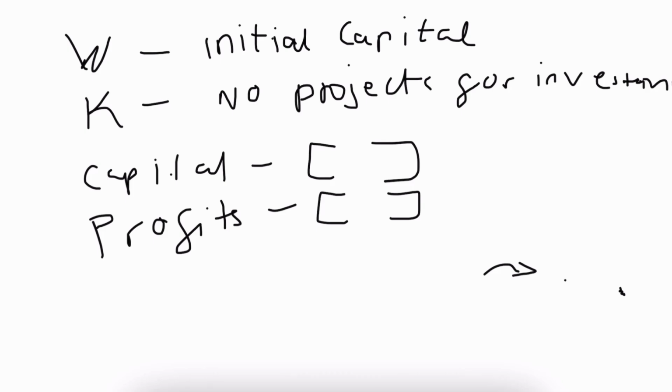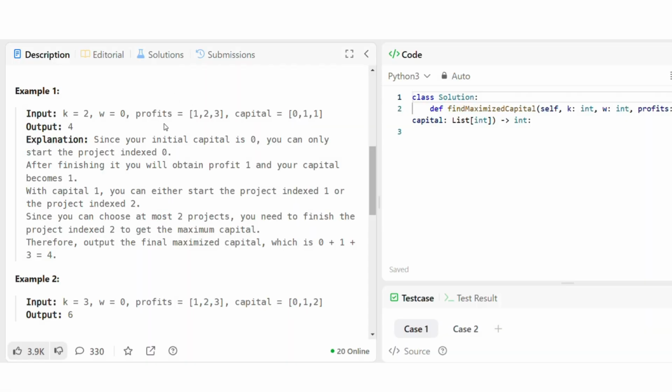So that's the problem. When looking at the solution, a naive approach would be to traverse every value of the capital array based on the available capital. If the current capital is greater than or equal to the capital value in the array, then we store the profit value in a new array. Whenever the current capital becomes less than the capital value in the array, we have to select the project with the largest profit value.